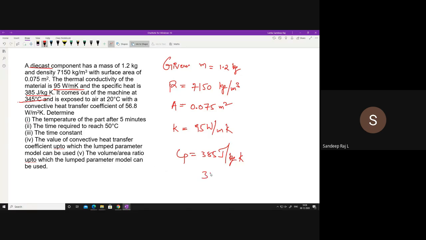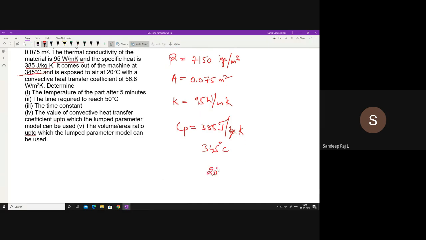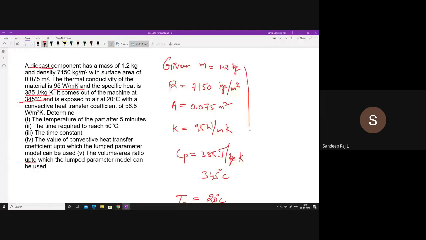Let's write this 345 degrees centigrade, and it's giving you 20 degrees centigrade. You can understand that this 20 degrees centigrade is actually T infinity. With the convective heat transfer coefficient, the H value is 56.8 watt per meter square Kelvin.